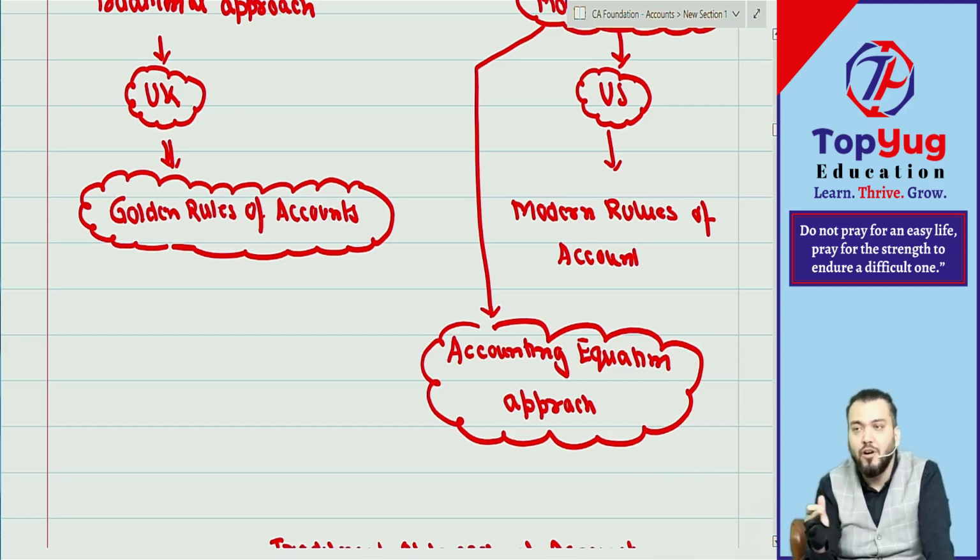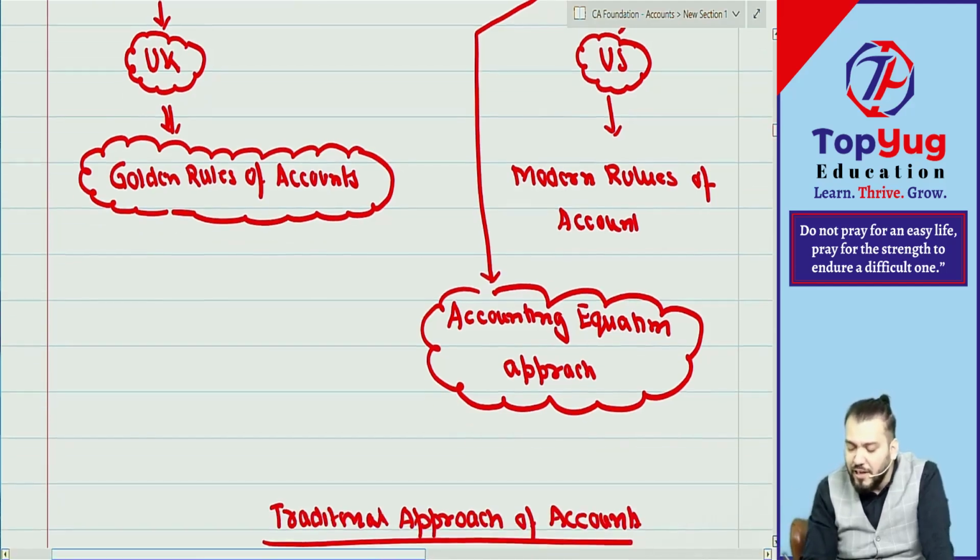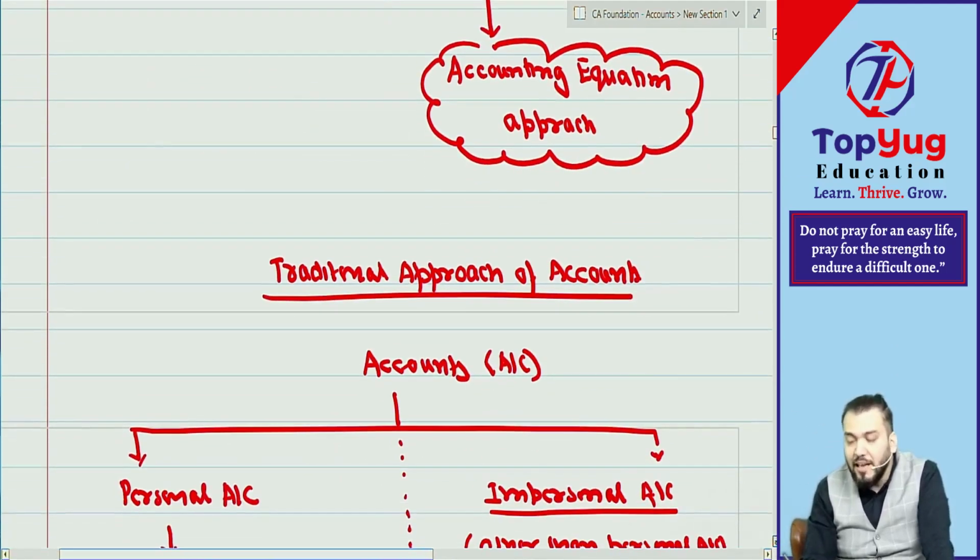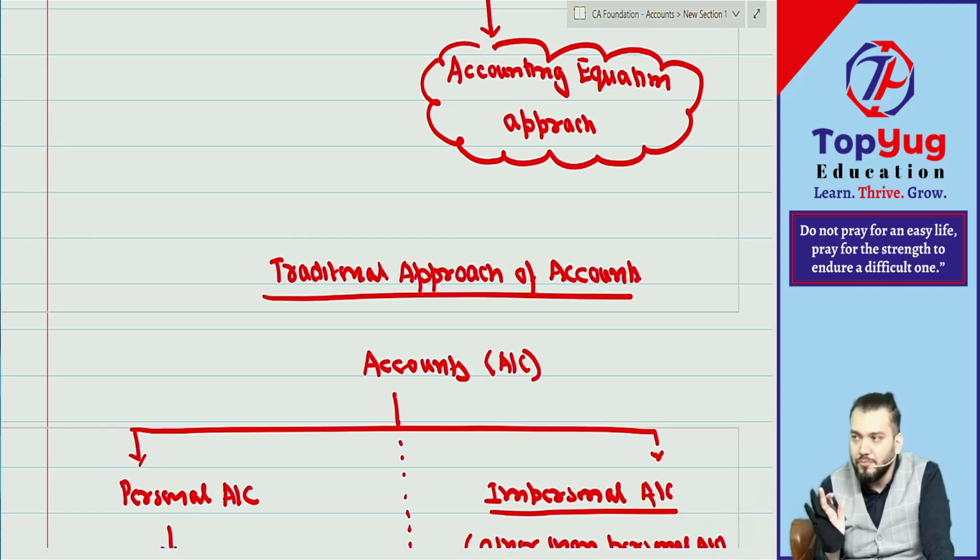Means by using modern approach, all types of transactions can be recorded, but you will find some difficulty by using traditional approach. We'll understand that slowly, but I will give an idea about that. And at the end, I will say use only which approach? Accounting equation approach. At the end, I will say accounting equation approach is more reliable, more scientific, correct? So at the end, I will say accounting equation approach is the best approach, correct? But we need to learn both.